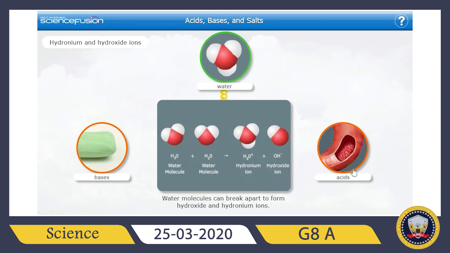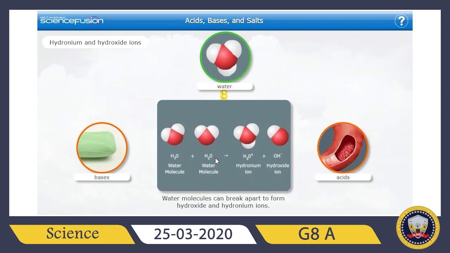But what is special about acids and bases is that acids can increase the number of hydronium ions. On the other hand, bases can increase the number of hydroxide ions when they dissolve in water. So how is it happening? Basically, the water molecules can break apart, and they can leave one hydrogen, and this extra hydrogen will be added to a new water molecule.